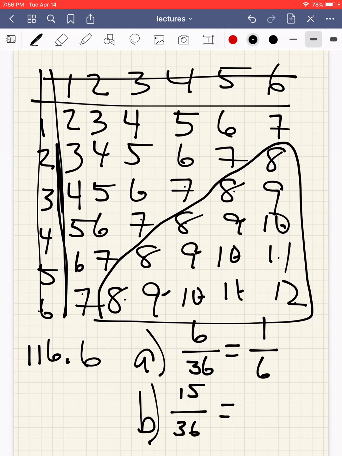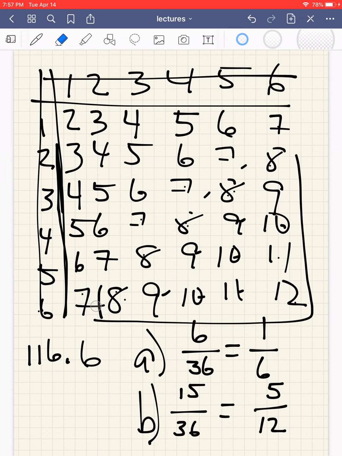And that reduces to 3 goes in there 5 and 3 goes in there 12. So 5/12. Oops, excuse me. Did I do that wrong? 1, 2, 3, 4, 5. Oh, I'm so sorry, guys. It said greater than 8, not greater than or equal to. So I did that wrong.